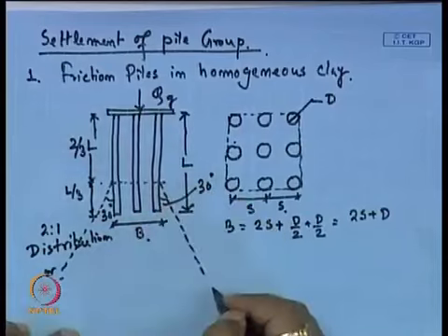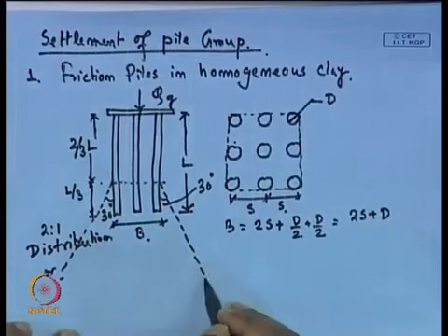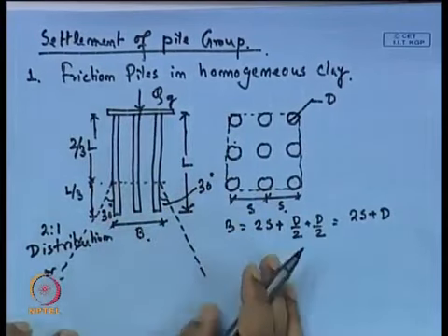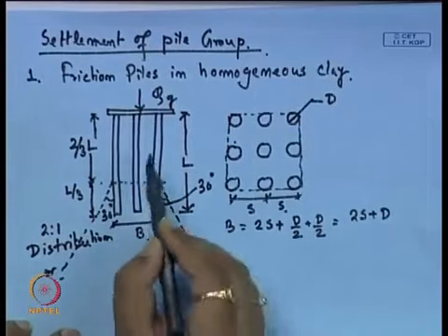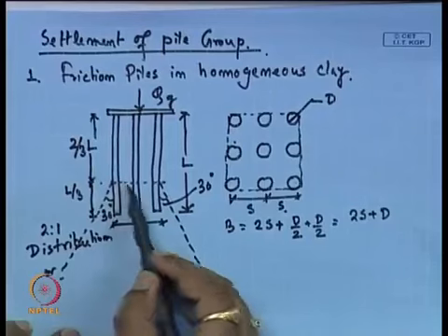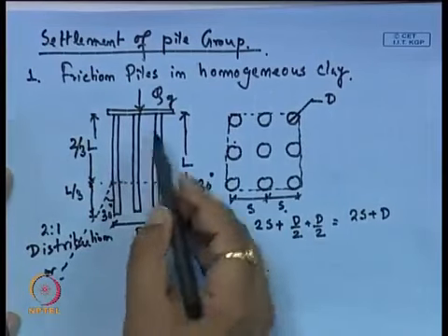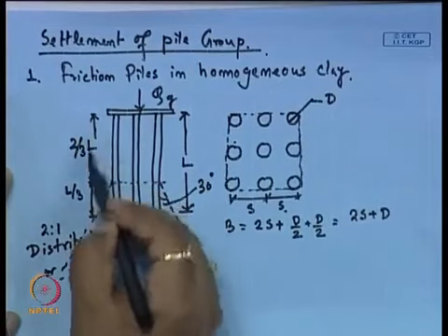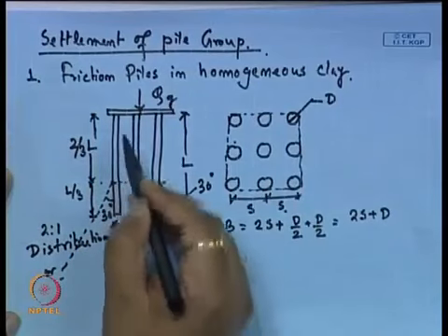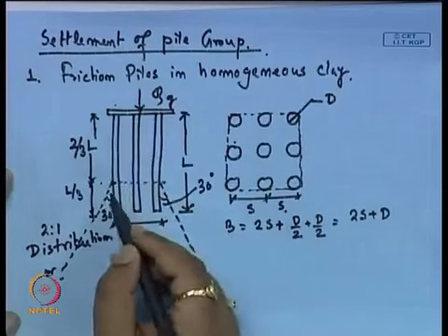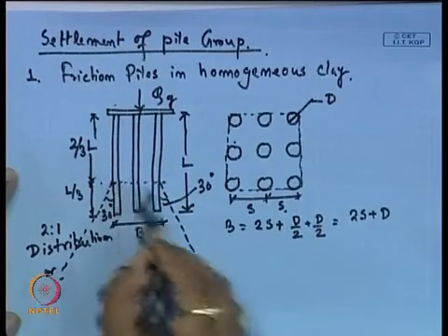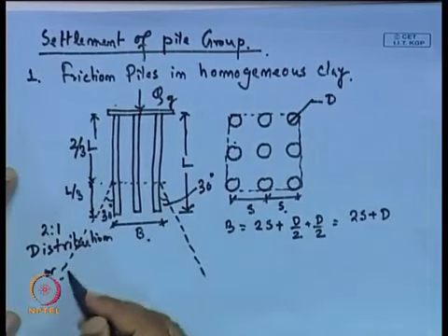Now, up to how much do you have to consider this? It is the same technique as the settlement calculation for, say, a raft foundation or mat foundation placed at a depth of 2/3 L from the top of the pile, and the load acting on that raft is Q_g, the width of this raft is B, and this load is distributed.